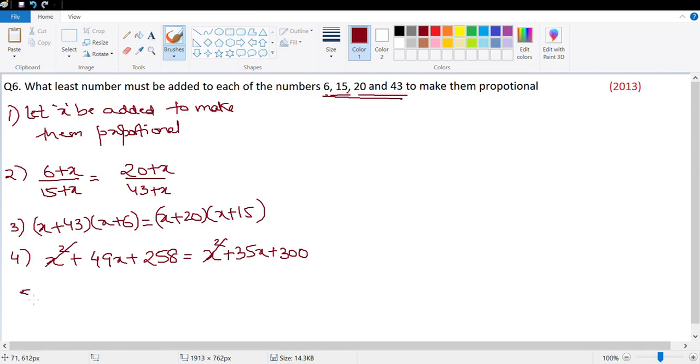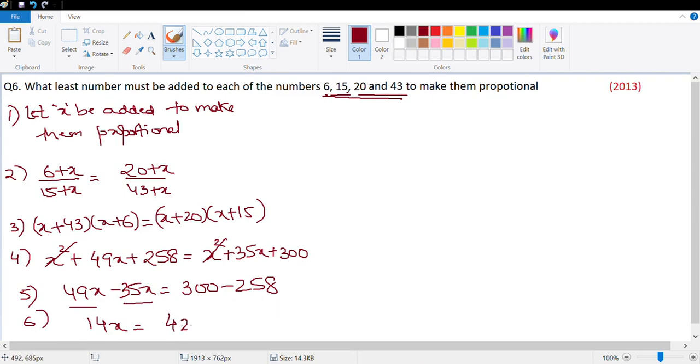So we have 49x minus 35x is equal to 300 minus 258. This gives us 49 minus 35, that's 14x, and this is 300 minus 258, that's 42. Therefore, x is equal to 3. 42 divided by 14, x is equal to 3.